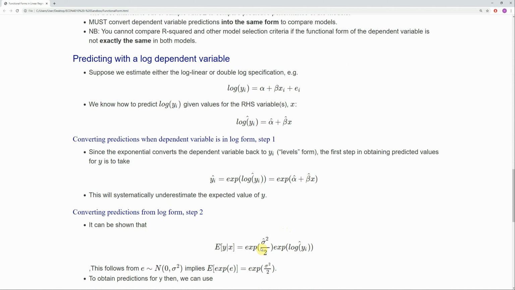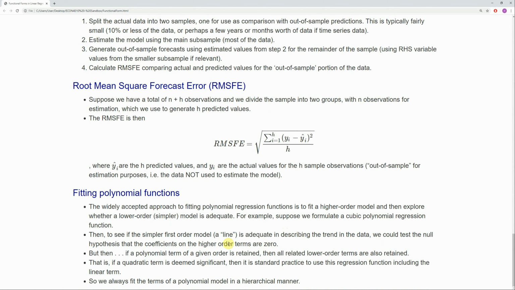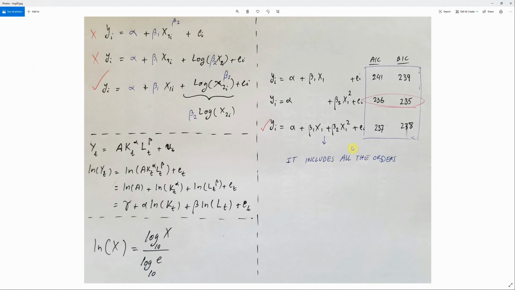Well, this is what we're talking about here that we should not do. So if in our polynomial function, in the hierarchy of the terms, the highest order ends up being significant in the model, we need to include all the other orders before that one too, although they may not be significant. So let's look at this example over here.